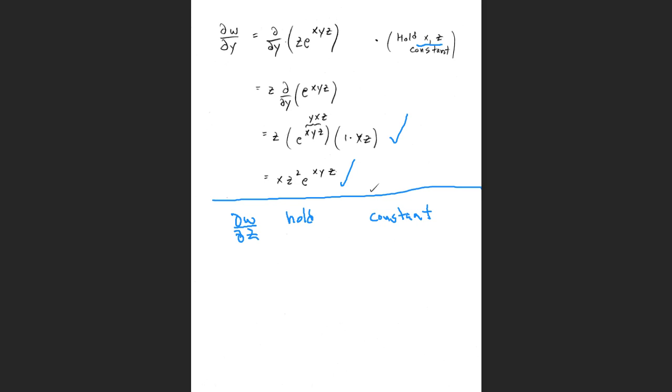We're studying how w changes as z changes, so we're isolating that effect. To isolate the effect, we have to hold the x and the y constant. Good.